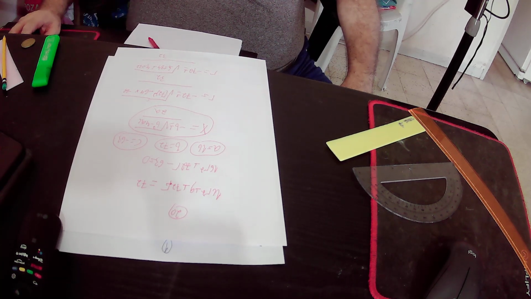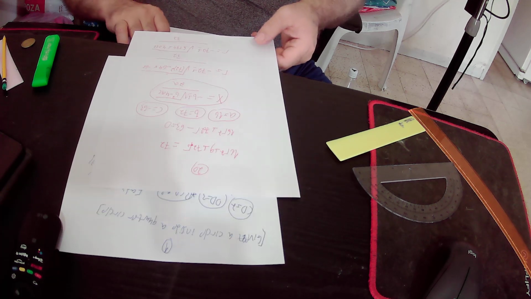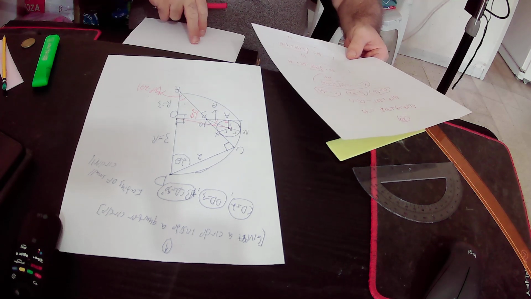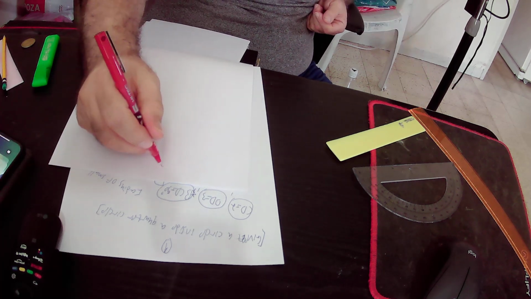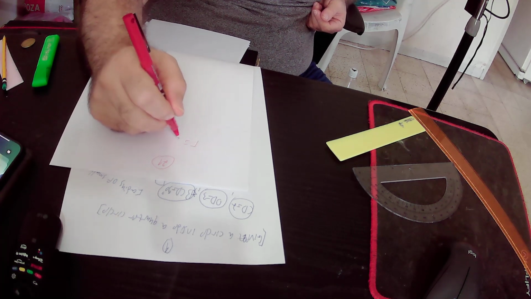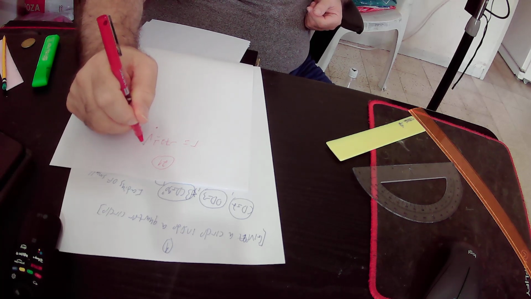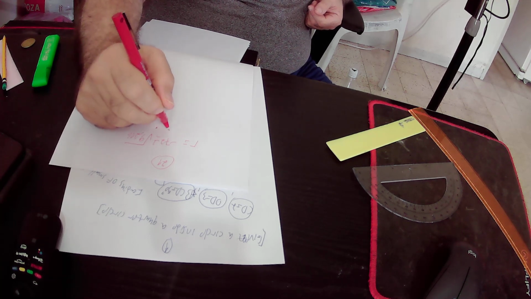Okay, 5,184 plus 4,032 is 9,216. So actually the radius of the small circle equals to minus 72 plus minus root of 9,216 over 32.